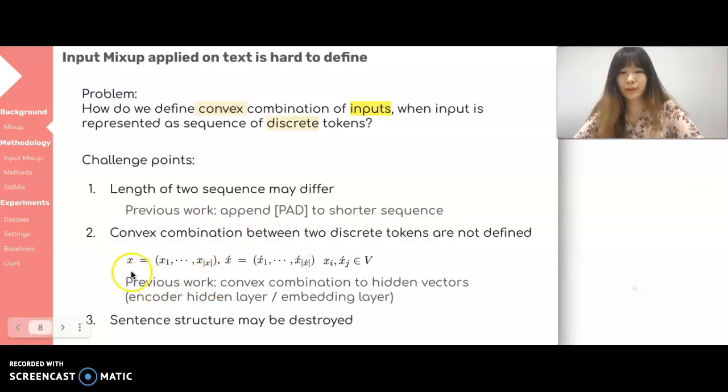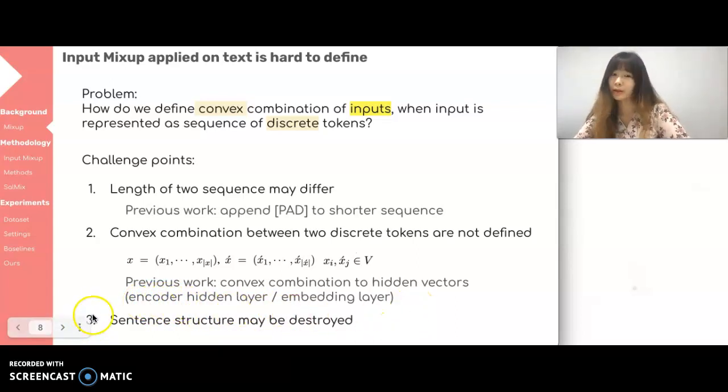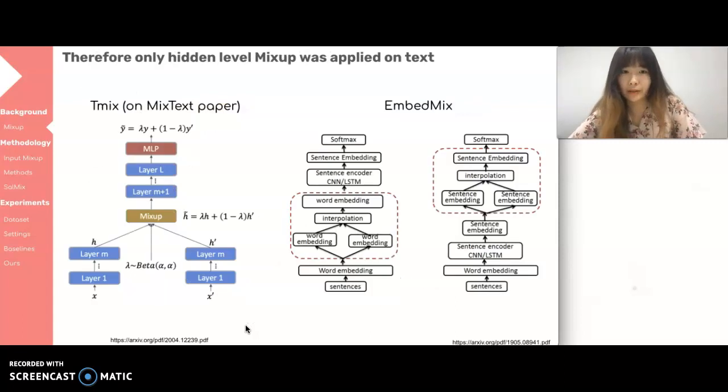Previous work tried to solve this by applying mix-up on the hidden level, for example on the encoder hidden layer or at the embedding layer. And third, sentence structure may be destroyed if we directly apply input mix-up to the text, unlike pixels. So we need to solve these kinds of issues.